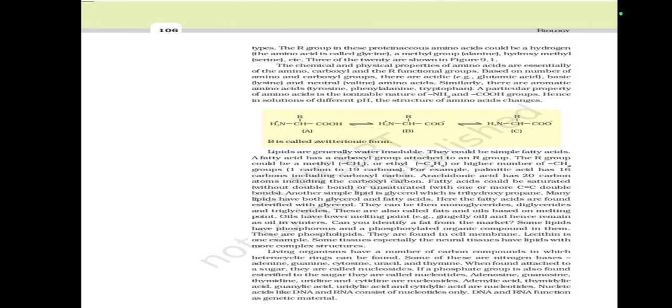They can then be monoglycerides, diglycerides and triglycerides. These are also called fats and oils based on melting point. Oils have a lower melting point, for example gingelly oil, and hence remain as oil in winters.